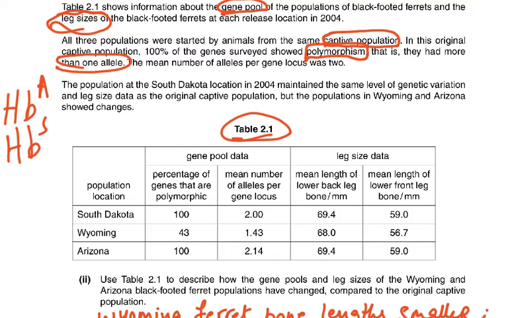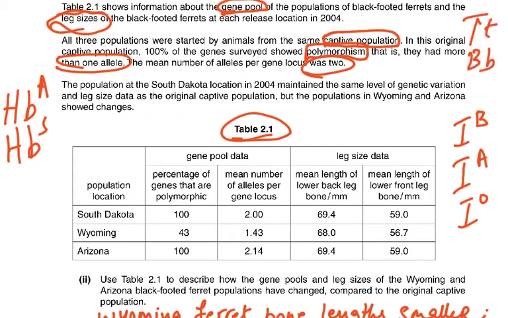Like you remember, we did in O levels, blood group, there are three alleles, IB, IA, and IO. But here it says that the mean number of alleles per gene locus was just 2. So there was either big T, small t, or there was big B, small b. So just 2. The population of South Dakota location in 2004 maintained the same level of genetic variation and the leg size data as the original captive population, but the populations in Wyoming and Arizona showed changes.